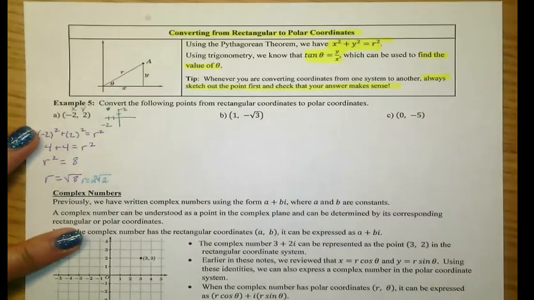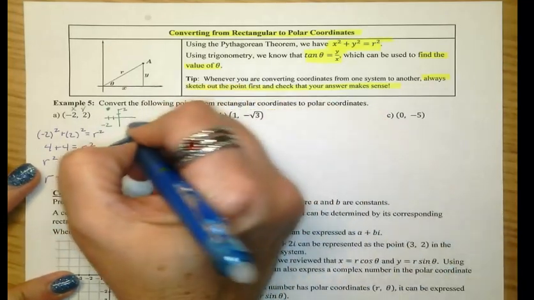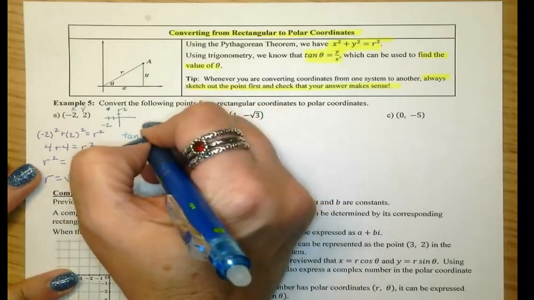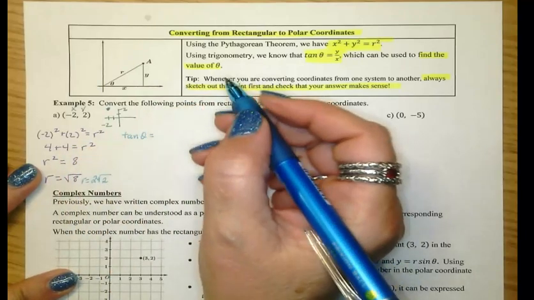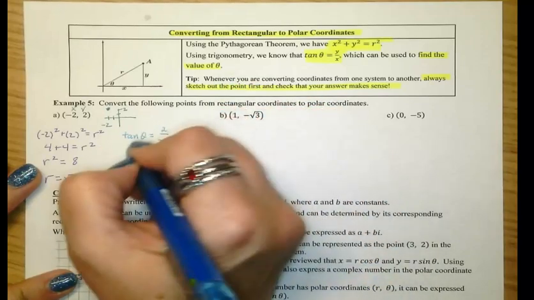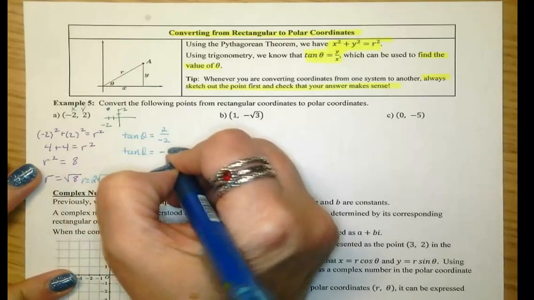All right, so now that we have found our radius, we're going to use tangent. So tangent of theta equals y over x, so that's going to be 2 over -2. So tan of theta equals -1.